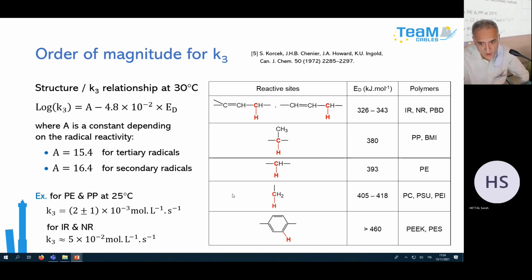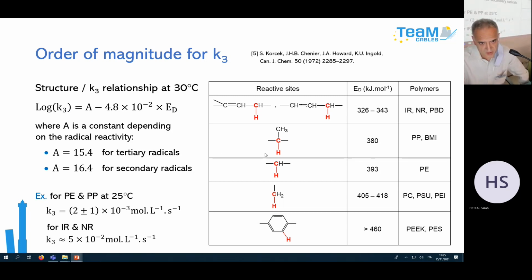So in this table, you have the dissociation energy of the different CH bonds you can find in hydrocarbon polymers. On the top, you have the CH bonds most sensitive to oxidation, and at the bottom, you have the more stable CH bonds.